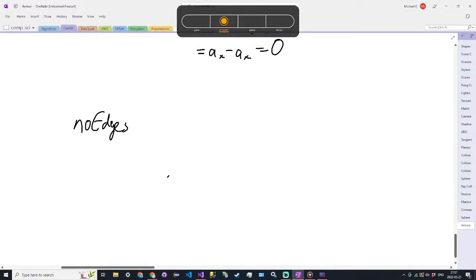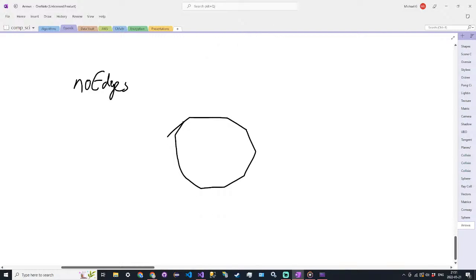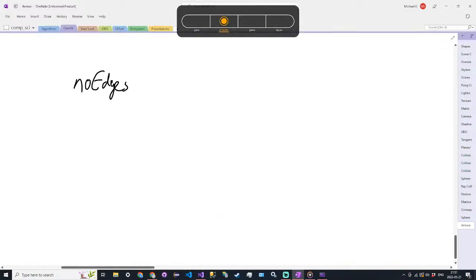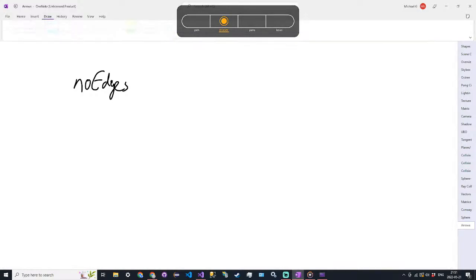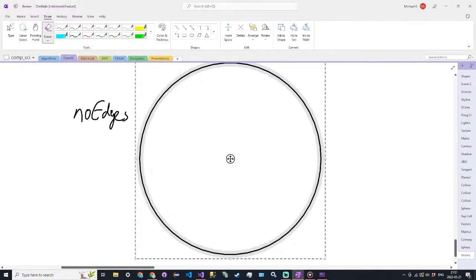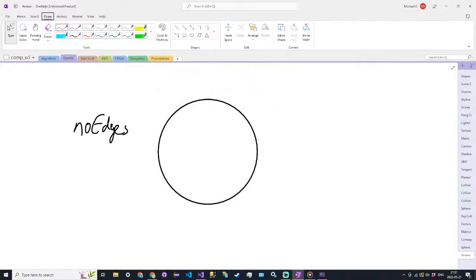That will essentially define the fineness here. So this is essentially our angle step. We're essentially going to approximate this circle using a certain number of edges. So something like that.